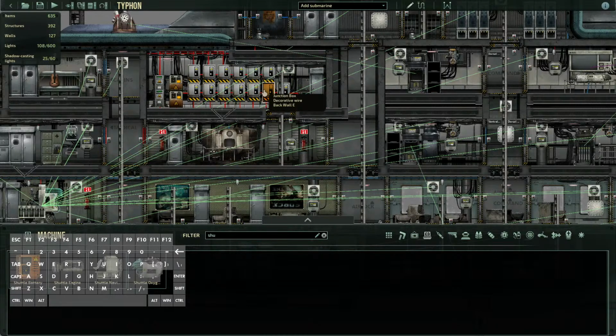I can later on, if you want, Sean, show you how to make a condition indicator that puts a light on every junction box that tells you how healthy it is without having to look at numbers. I know we can now craft text displays, which is super handy. Thank you very much, Undertow. But I prefer lights. So I have a system where you put a light component in, doesn't need to be connected to the power network, and it has a green, yellow, or red light that flashes faster depending on the condition of the device.